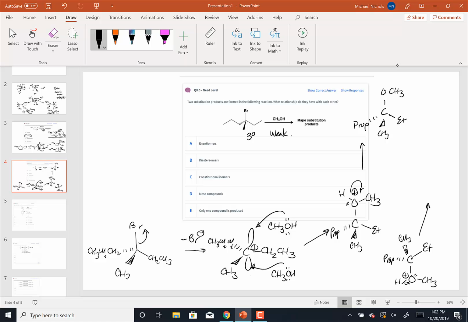And then the other product is going to have the OCH3 group down here, then the propyl group on the bold wedge, and then the ethyl group. And what's the relationship between these two molecules? Since there's only one chiral center, they have opposite configurations. Therefore, these are enantiomers.